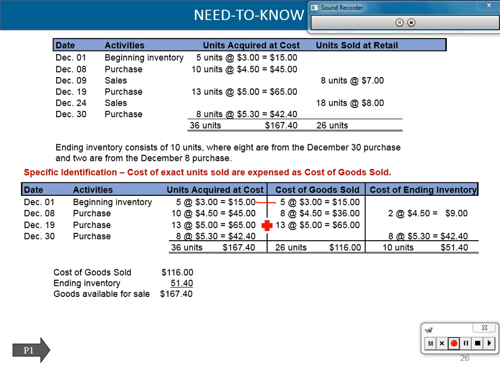So on December 9th, they sold 8 units, right? So what are they going to sell the 8 units at? 450. Why? Because that's where they're pulling from. That's the exact cost of it, right?